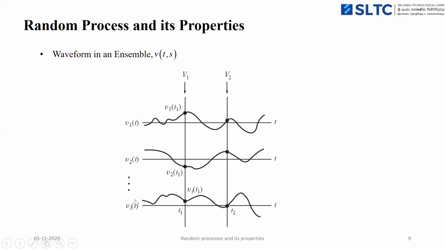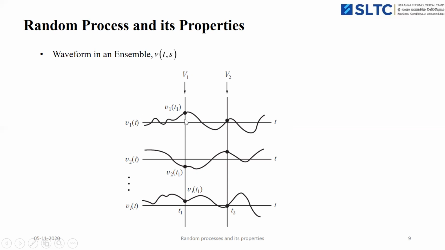There are n number of sample functions or voltage waveforms from this experiment, such as V1 of t, V2 of t, and Vi of t. Each sample function is a waveform varying with respect to time. That's why we call it a sample function, a function of time.